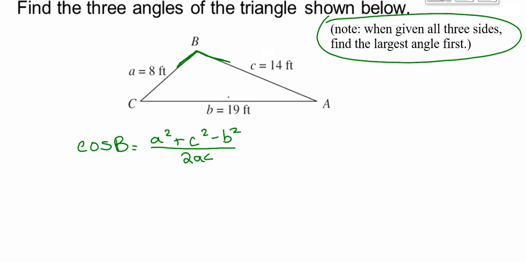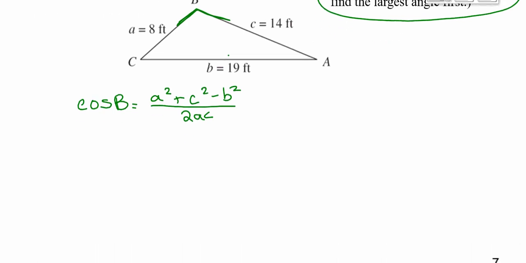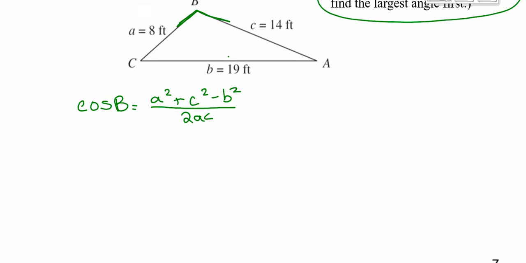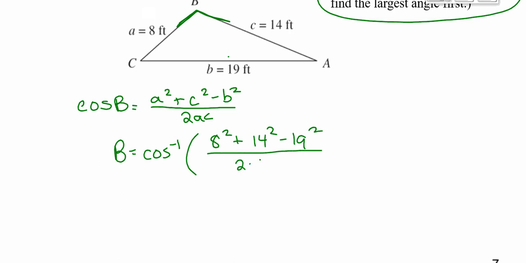So now I just plug things in, and a lot of times I just go right to B equals and find the inverse cosine. B equals the inverse cosine of, and now I'll plug those in: A, which is 8 squared, plus C, 14 squared, minus 19 squared, all over 2 times 8 times 14.